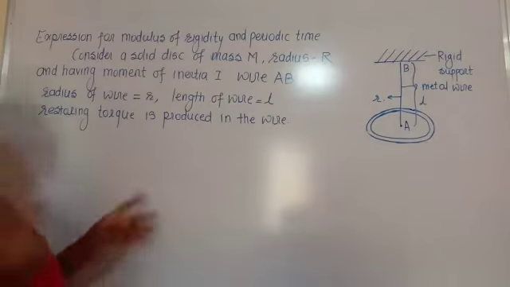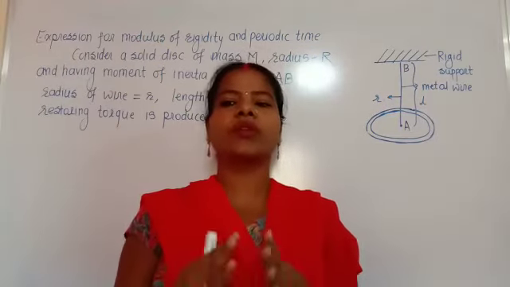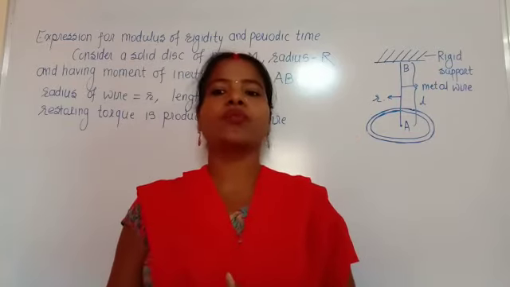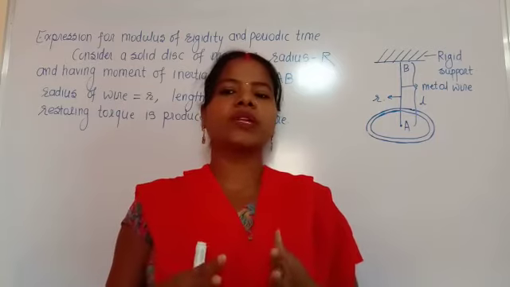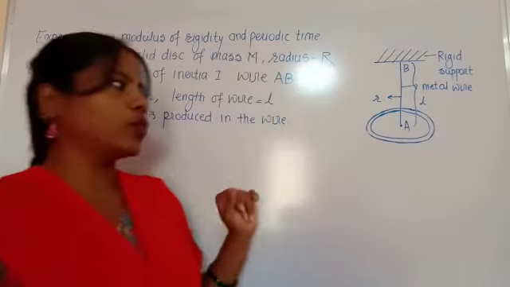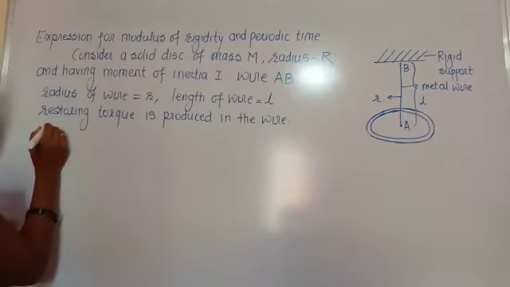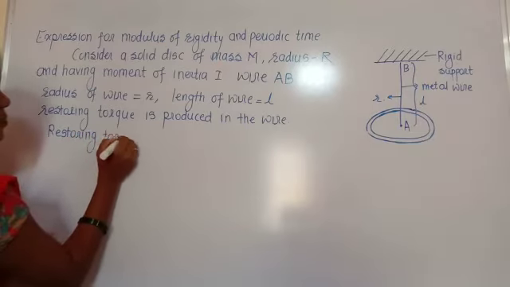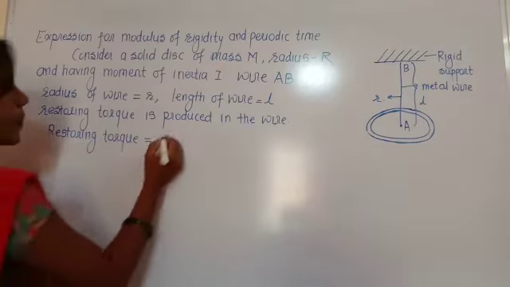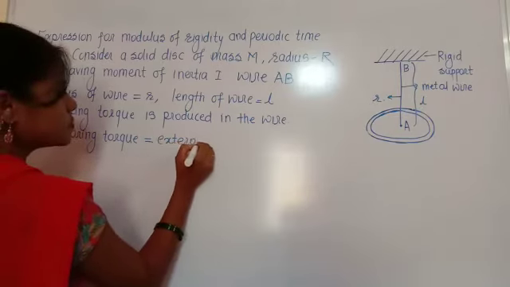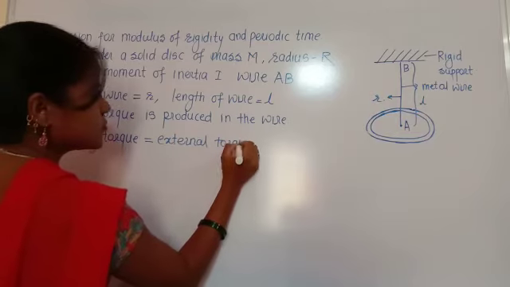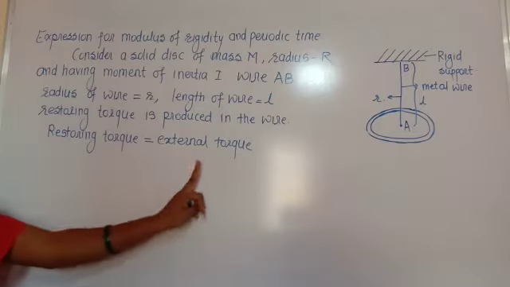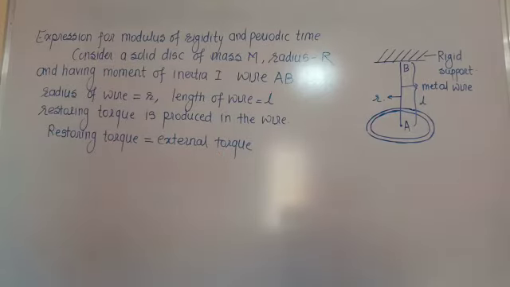When the magnitude of the restoring torque is equal to the external torque, that means restoring torque equals external torque, and the equilibrium position of the body is reached.